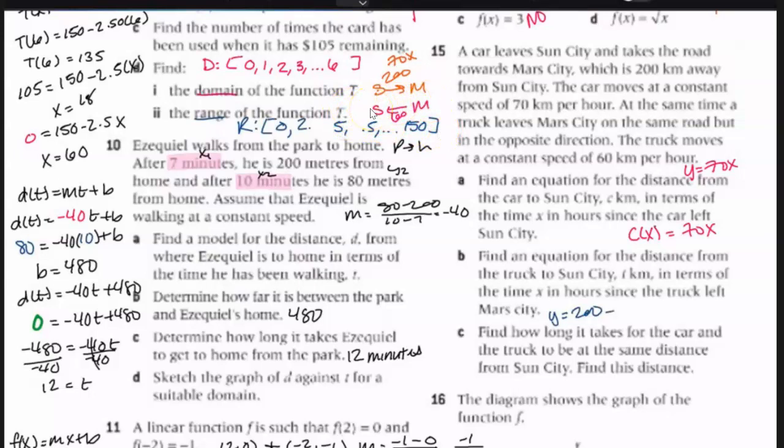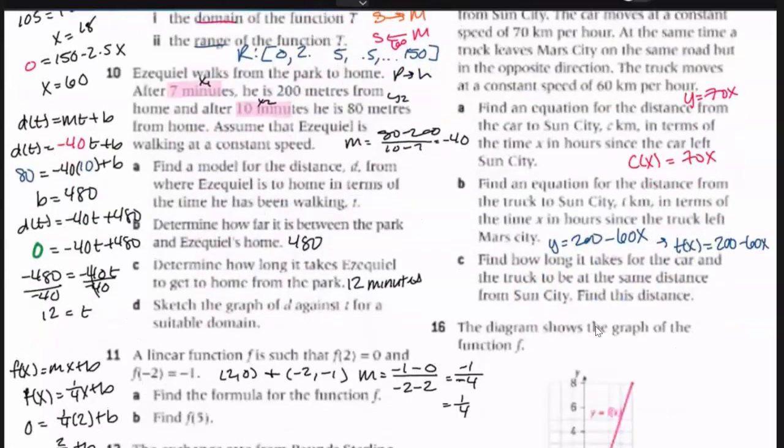So my distance is shrinking. And they tell me I am moving at a constant rate of 60 kilometers per hour. So this is really difficult because you have to think through how to set up the equation and what is your starting point and where you're going towards. And then once again, they specify here that they want you to use t. So technically, this should be t of x equals 200 minus 60x. But once again, I don't want you to get too bogged down with technicalities. If you can at least write this equation, you're good.